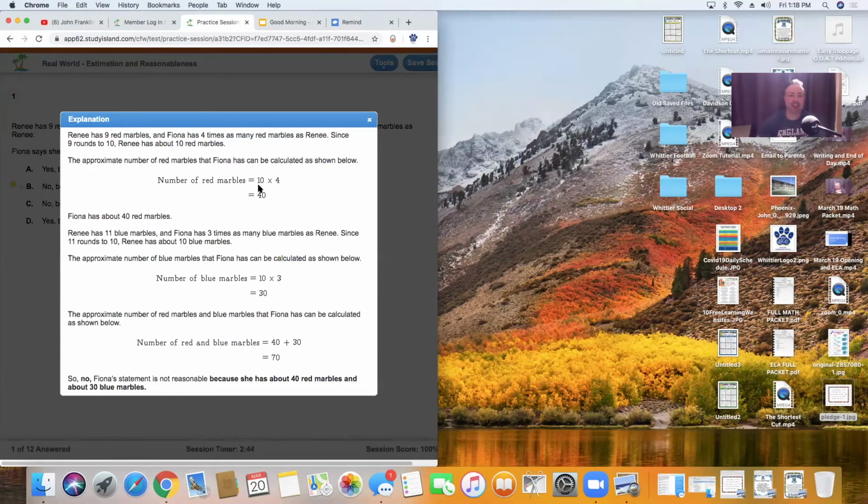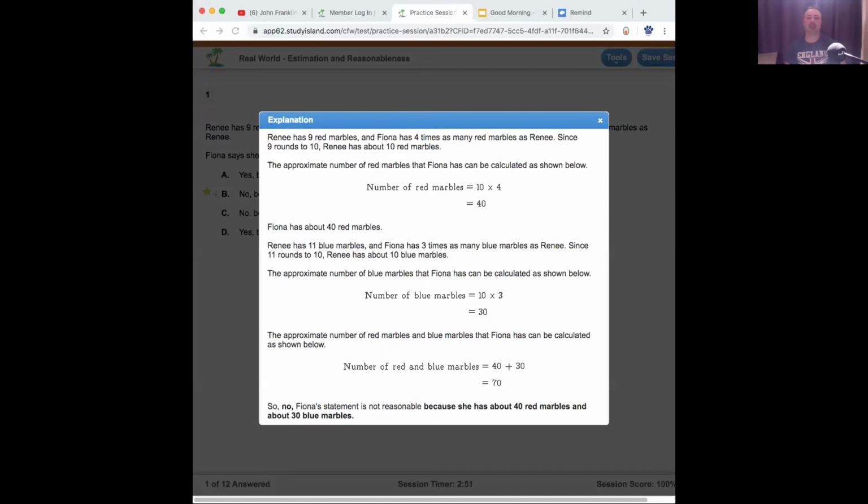I'll leave that up for just a second. In fact, I will also make that the only thing that you can see, so you can have a couple of seconds with that. And again, what it said was the approximate number of red marbles that Fiona has can be calculated as shown below: 10 times 4. What they did that's different from what I did was they rounded up before they did the math.